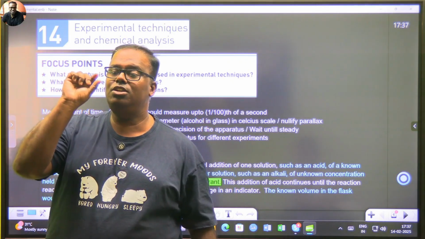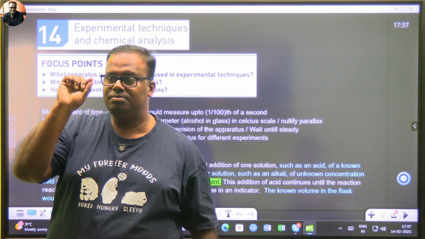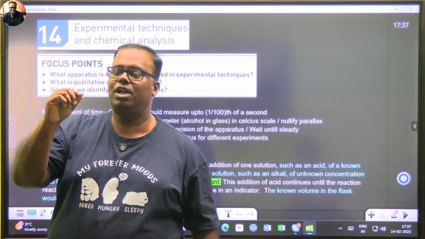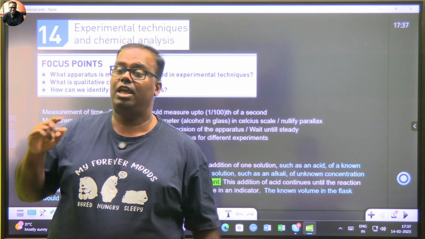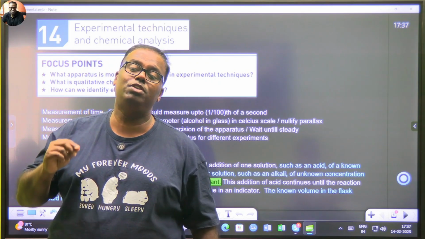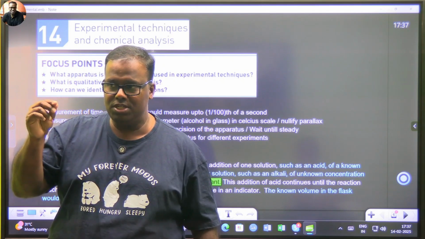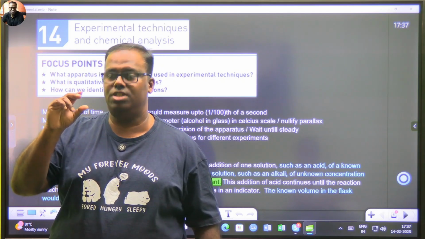How much is the lowest? Say 0.1 gram. Can your machine differentiate between 0.5 gram and 1 gram? Yes. Can your machine differentiate between 0.55 and 0.60? Means 0.05 gram, can it measure? That is known as the precision.